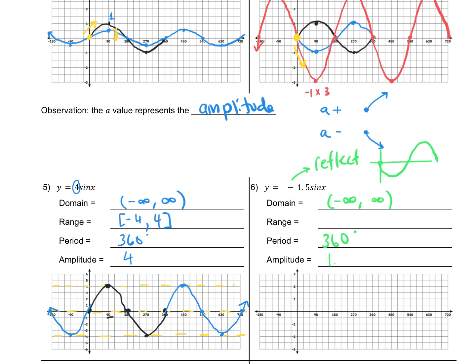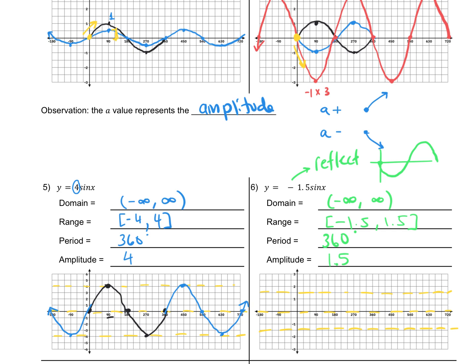But my amplitude is still a positive number, it's a distance. And if my amplitude is 1.5 and my central axis is the x-axis, that means my maximum should be at 1.5 and my minimum at -1.5. So that will give me my range before I've even graphed anything.